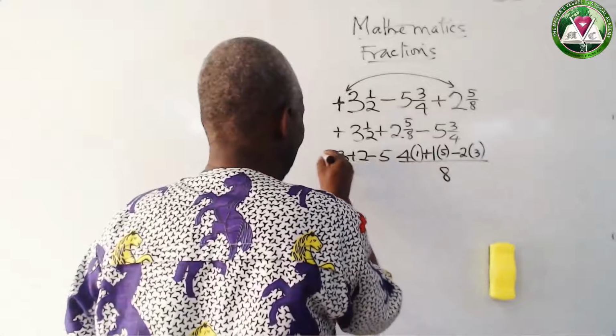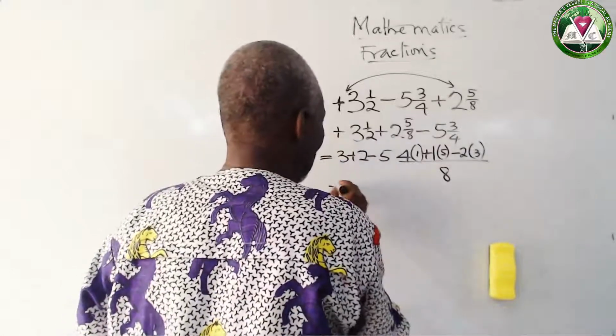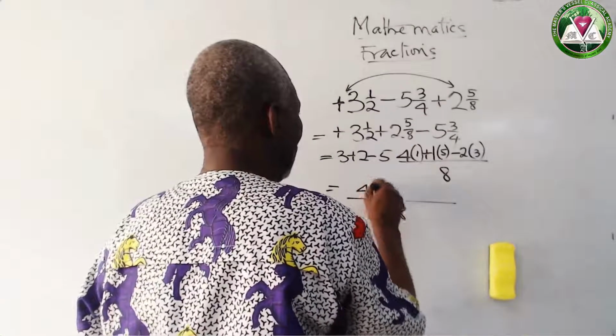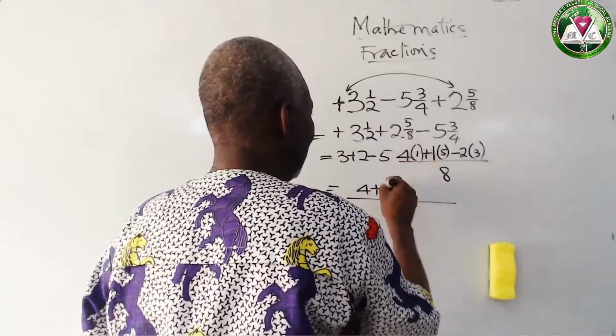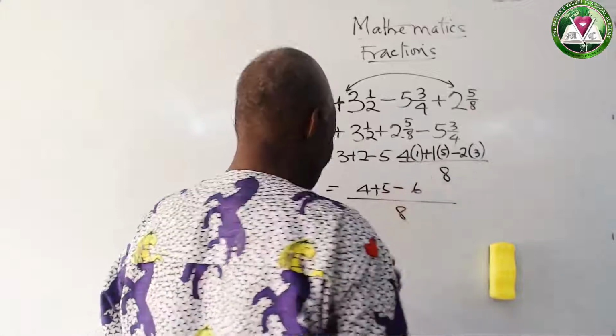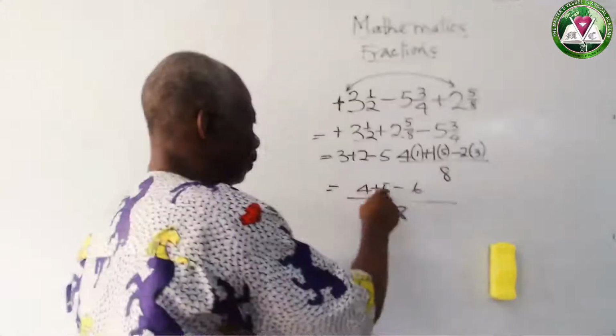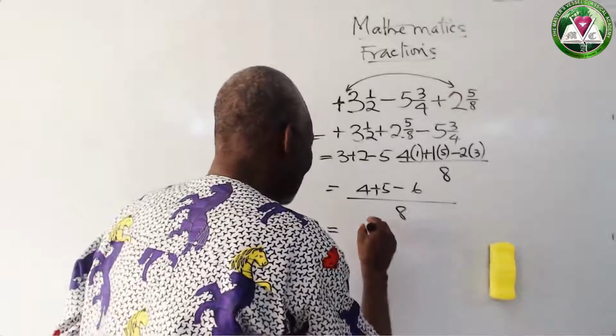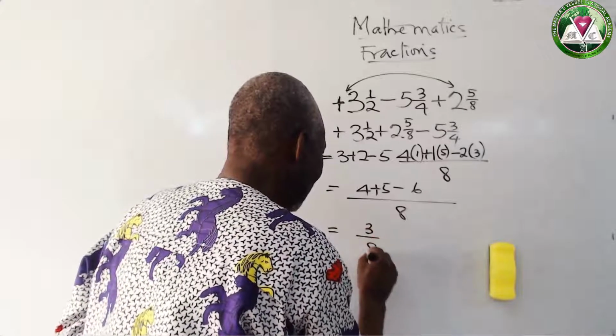And what do we have there? The fractions, so the denominator still remains 8. 4 times 1 is 4, plus 1 times 5 is 5, minus 6. So simplify. 4 plus 5 is 9, 9 minus 6 gives us 3 all over 8.